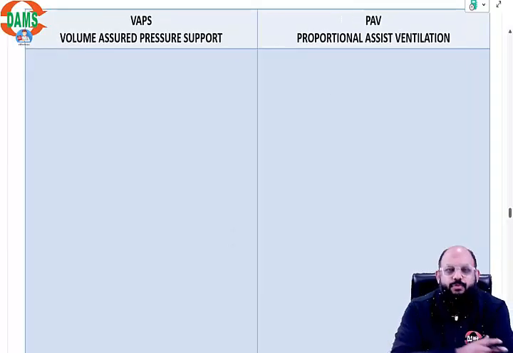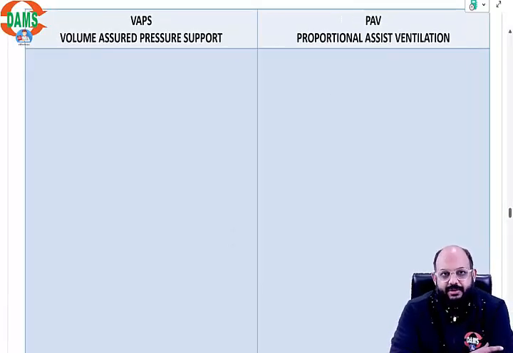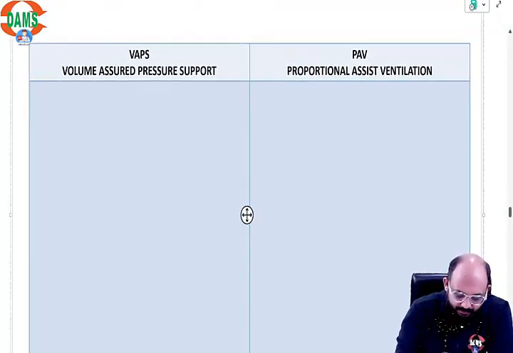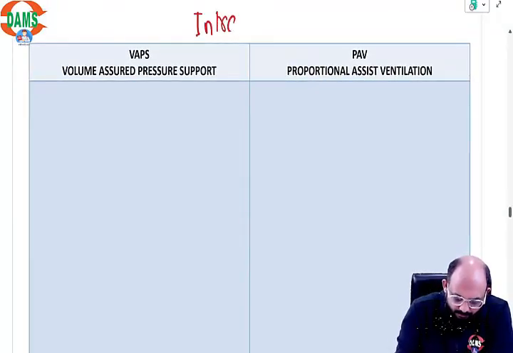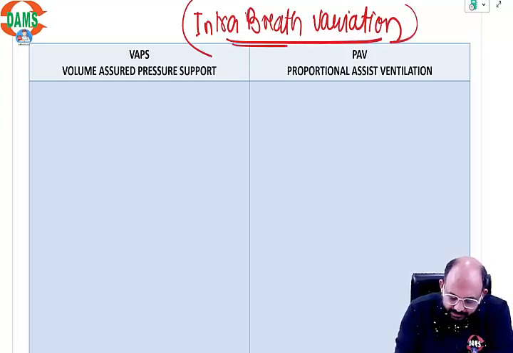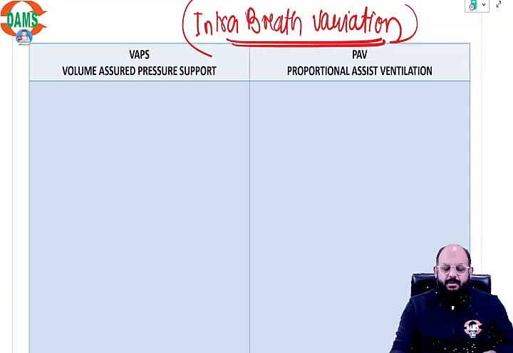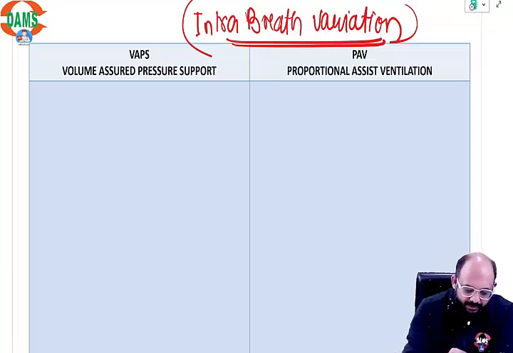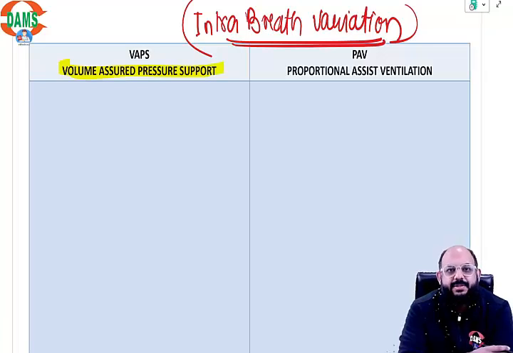Now we will come to the intra-breath variation modes. Here, the ventilator is changing the characteristic of the breath during the breath itself. The first is volume assured pressure support, VAPS.